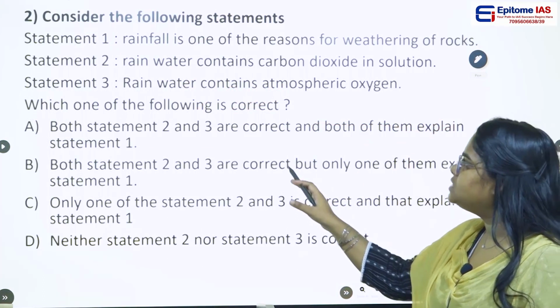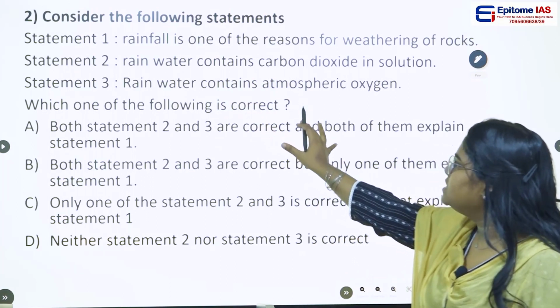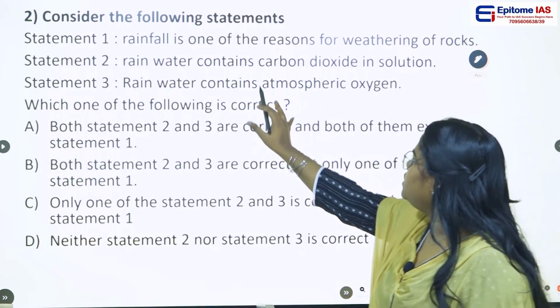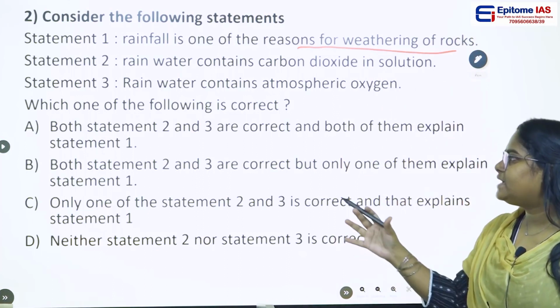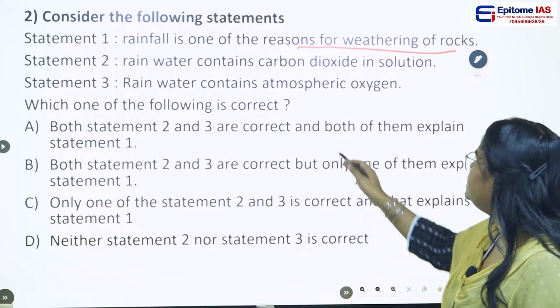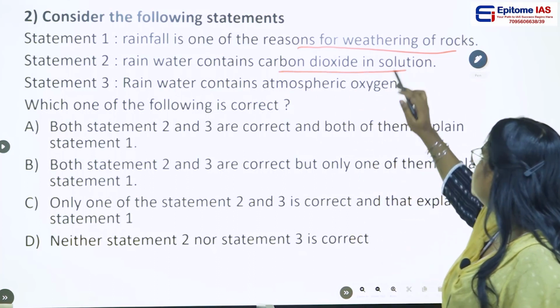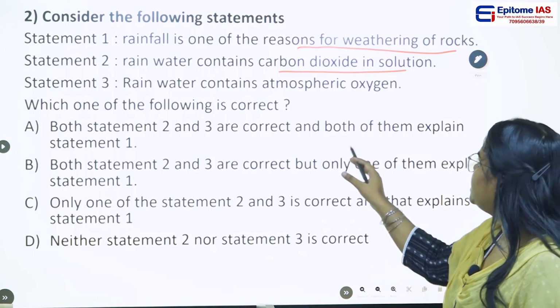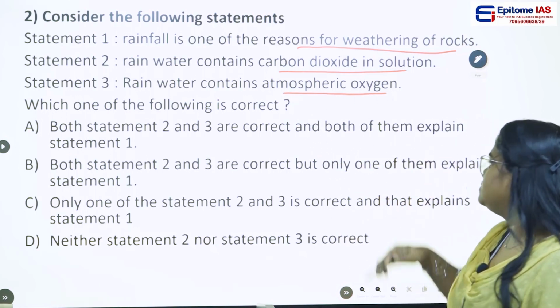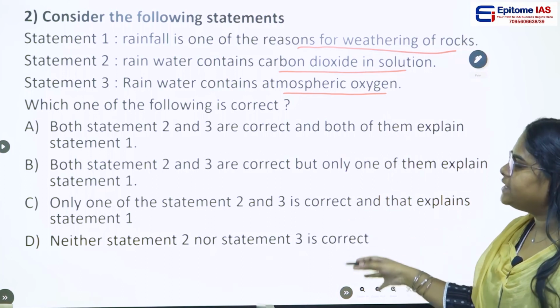So the second question, consider the following statements. Statement 1, rainfall is one of the reasons for the weathering of rocks. Statement 2, rainwater contains carbon dioxide in solution. Statement 3, rainwater contains atmospheric oxygen. Which of the following is correct?